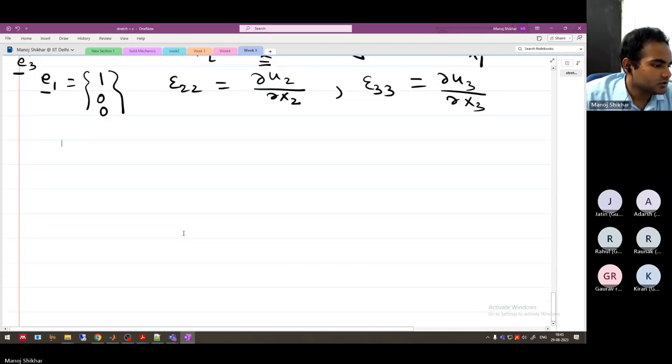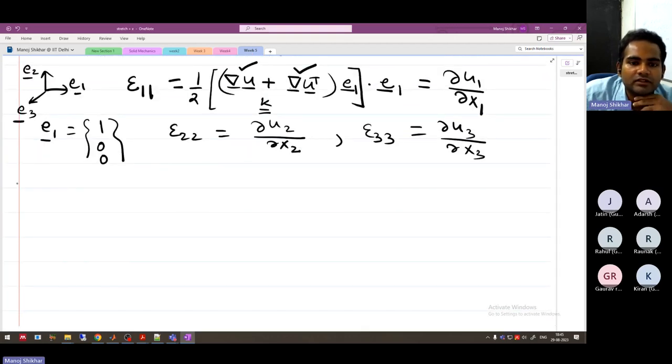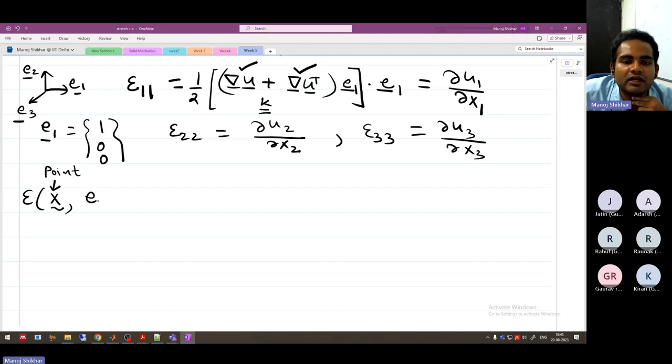Anyways, if I want to write like this, I will write epsilon 1. Epsilon 1 is what I am trying to find at point X. This is the point where I want to find this strain. And what is the direction? I want it along the E1 direction.